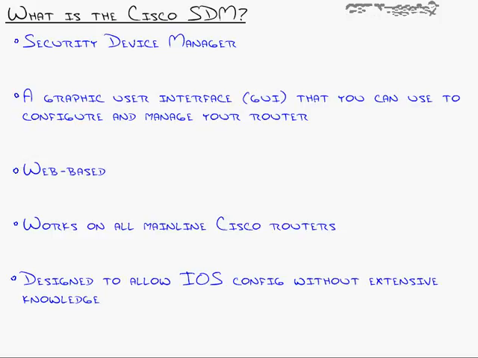So the SDM was designed to allow iOS configuration without extensive knowledge. Up to this point in the series, you have learned a lot, but not everybody knows what you now know, meaning they buy their Cisco devices and they just think, well, what do I do now?